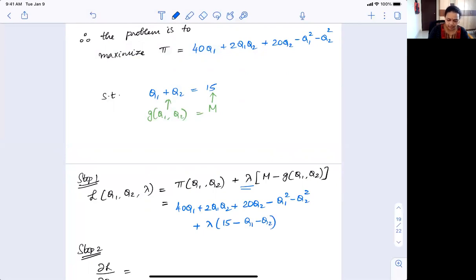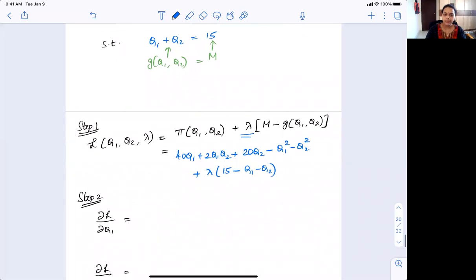So that is what our Lagrangian function looks like.